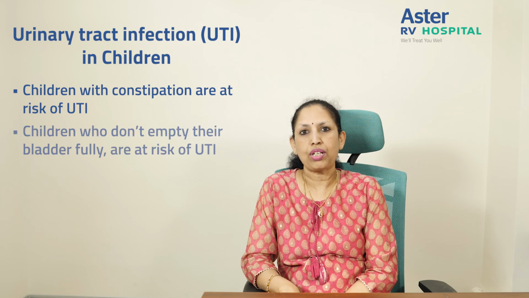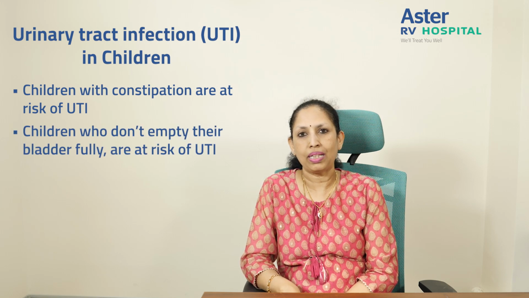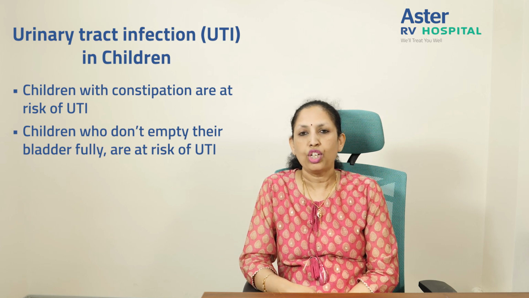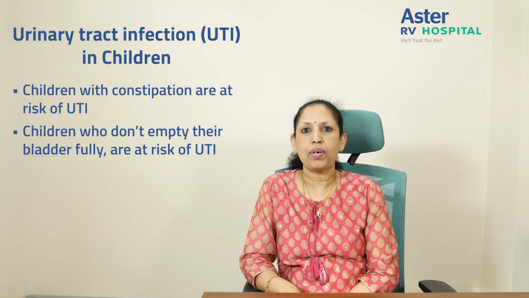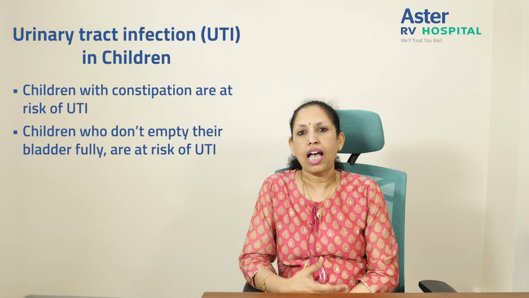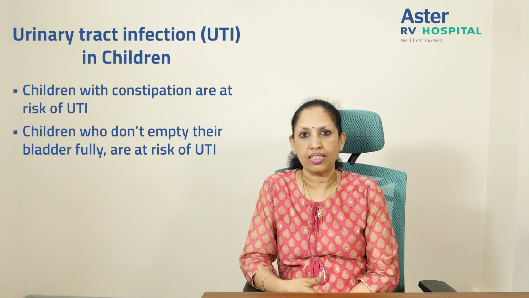Children who don't completely empty their bladder can retain a little bit of urine which stays in the bladder and can get infected. So it is important, especially for school children, to remember to pass urine regularly and fully, and also have a routine for doing their potty regularly and to avoid constipation.